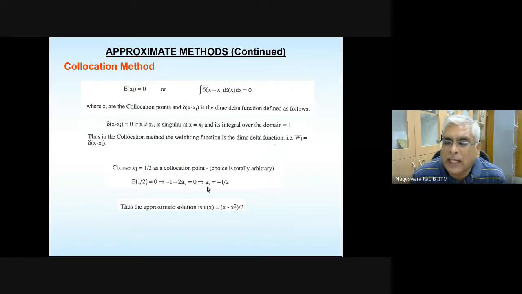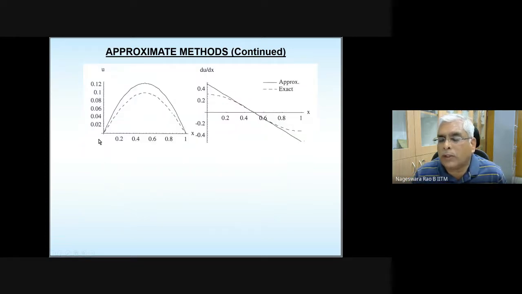After this, what is the next step? The next step is I want to see how this collocation method is performing. I want to see, by plotting the exact solution and the approximate solution that I got from the collocation method, starting with a quadratic trial solution. Please note that this is also a quadratic trial solution.